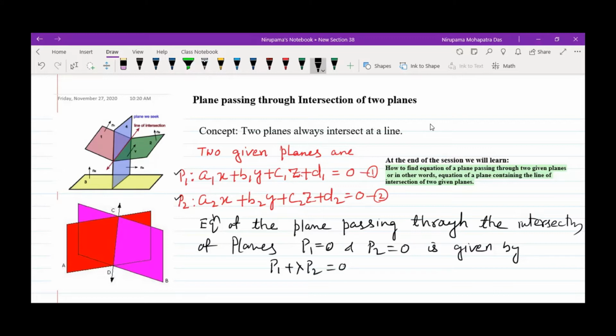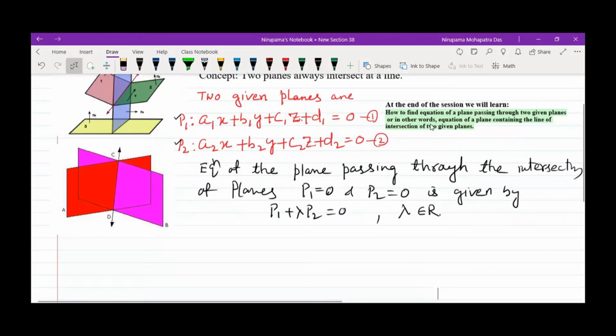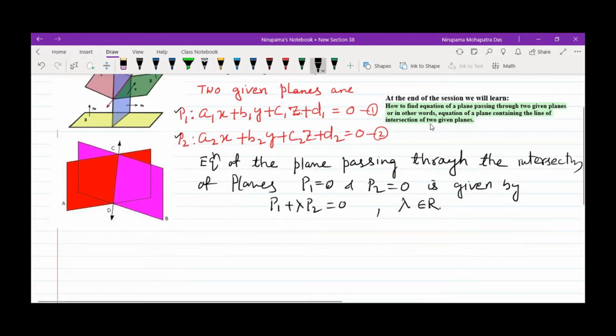What is lambda here? Lambda is any constant, you can say it is any real number. So here you see, whenever we write P1 plus lambda P2 equal to 0, what do I mean here?